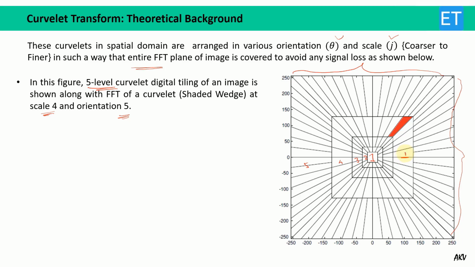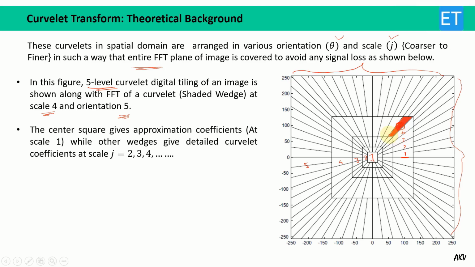So this is the first orientation, this is second, third, fourth, and this is the fifth orientation. Okay. The center square represents the approximation coefficients of the image.